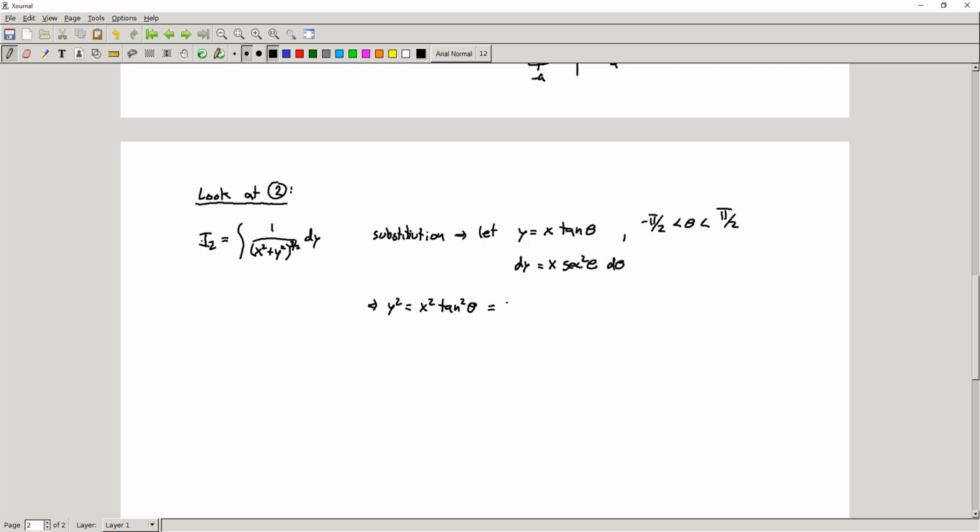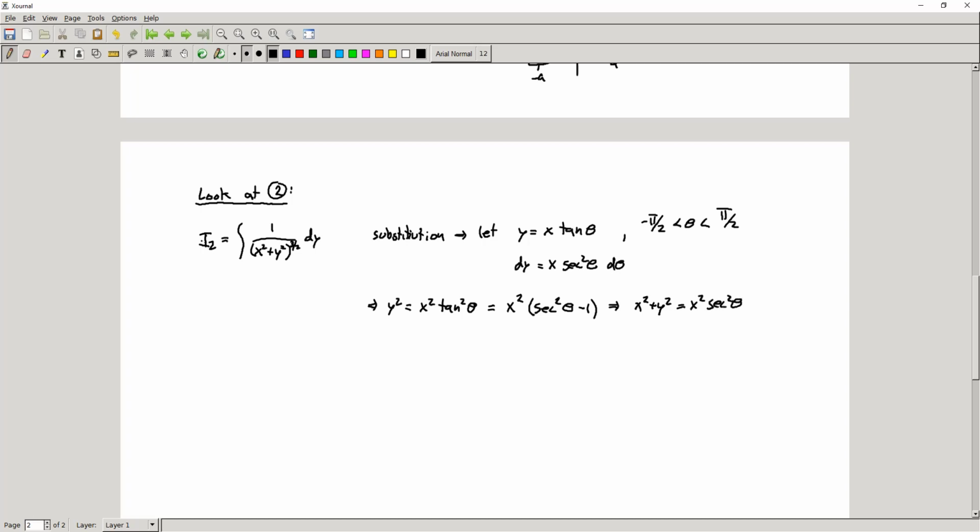We can write the right-hand side as x squared times sec squared theta minus 1. Okay, and so we can multiply through the x squared. We're going to end up with a minus x squared and move that to the left-hand side, and so we end up with x squared plus y squared is equal to x squared sec squared theta.